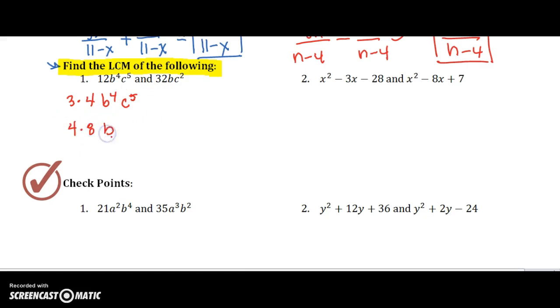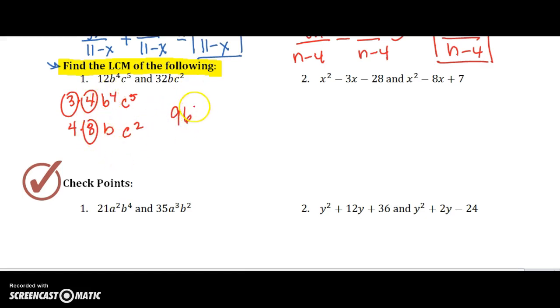And I only have 1 b, and I only have c squared. So the least common multiple is going to be, you have to have one of each. So you have 3 and 4 and 8, which when you multiply those together, 12 times 8 is 96.